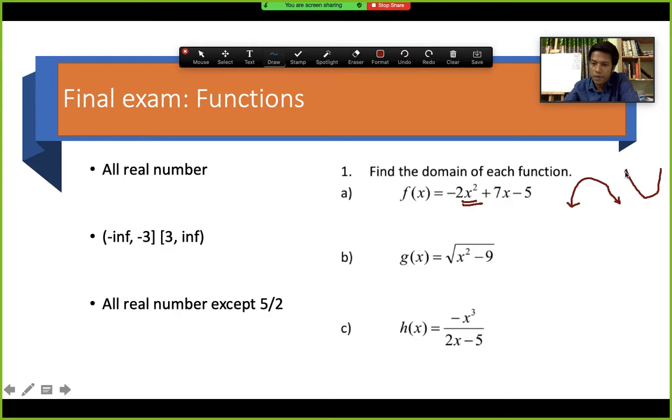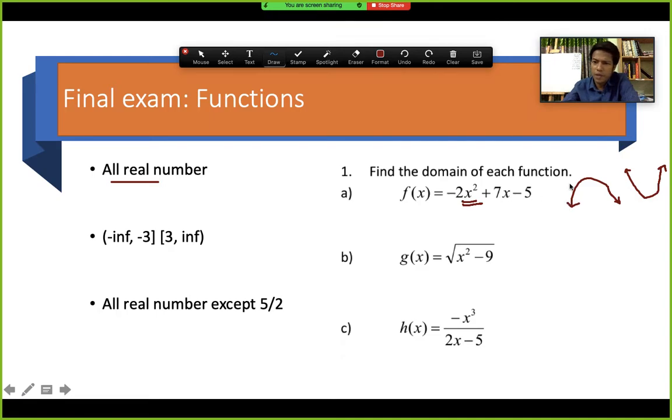For any quadratic function, domain is all real numbers, because whatever you want you can put here for x, and your inputs are defined. Any value you want you can put, any real number you can put here. Okay, decimal value, integer value, whatever you want you can put here. That's why all real numbers is the solution for any quadratic function.